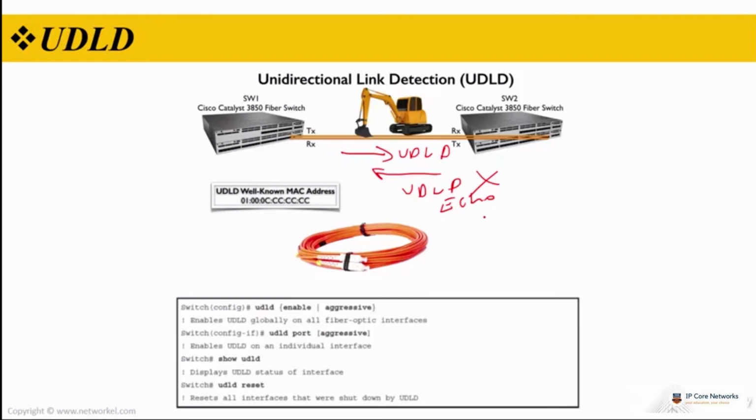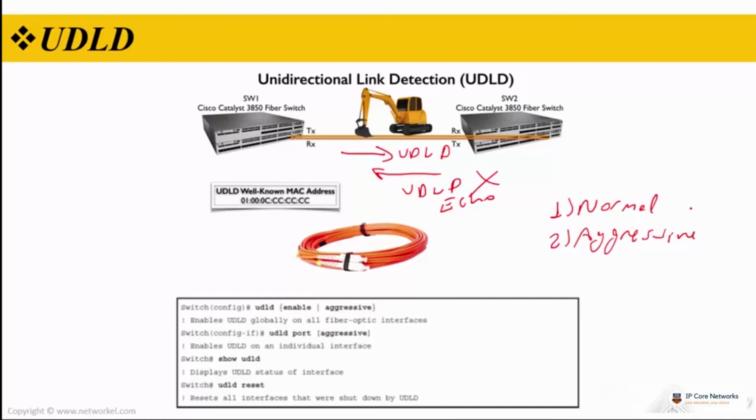UDLD works in two modes: normal mode and aggressive mode. In normal mode, UDLD identifies a problem, marks the problematic interface as being in an undetermined state, and generates a syslog message about it.